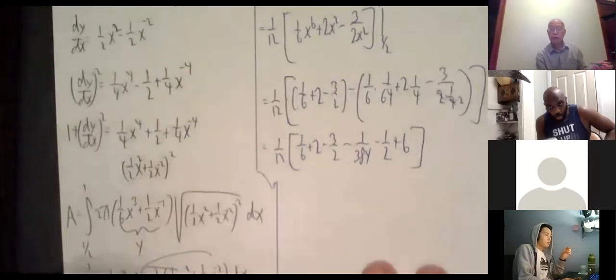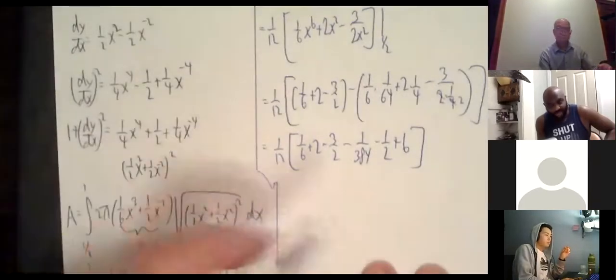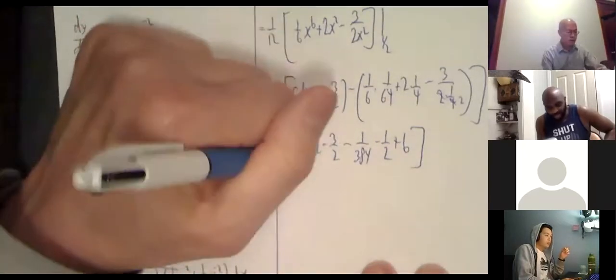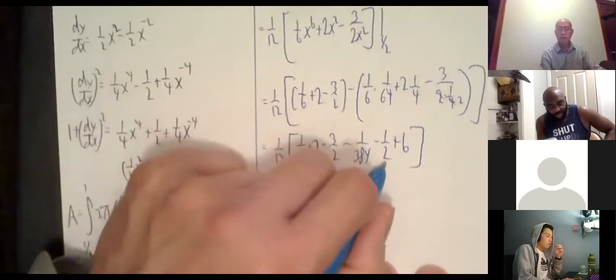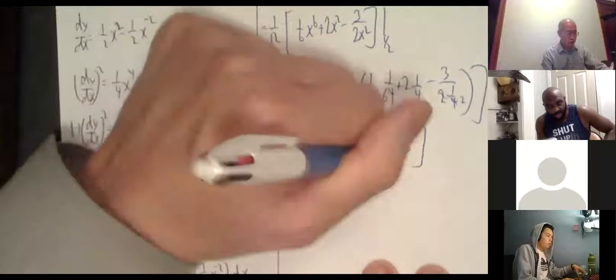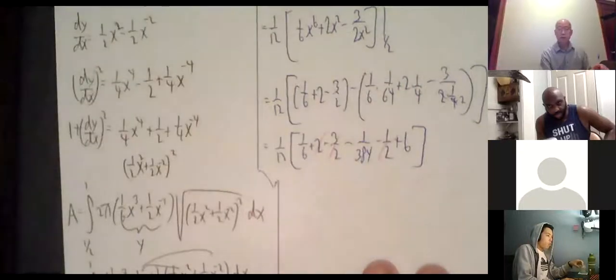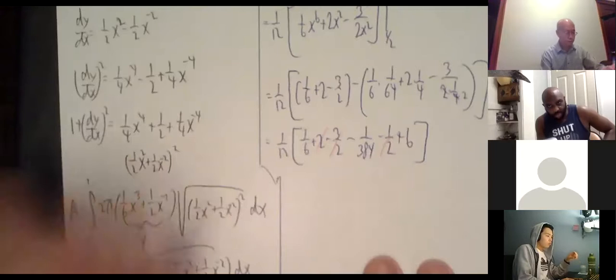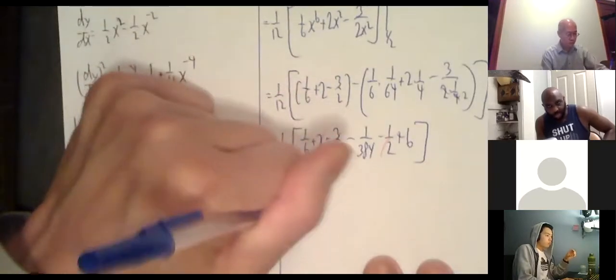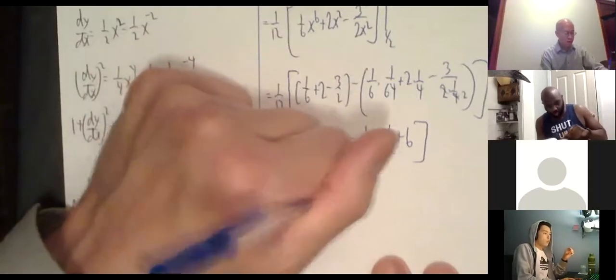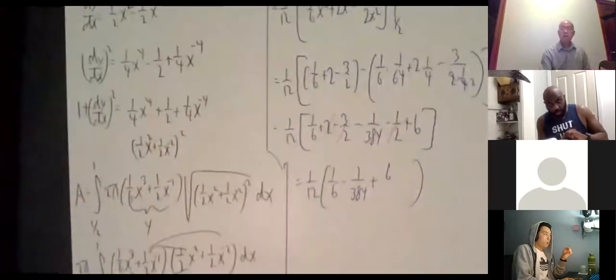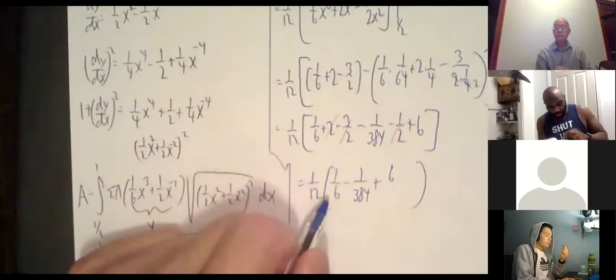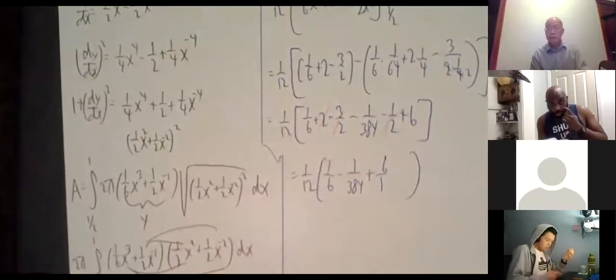Okay, how much more do I want to go here? 2 minus 1.5 is 1/2. Minus 1/2 is 0. Cancel, cancel, cancel. Unless I made a mistake there. So 1/6 minus 1 over 384 plus 6. Oh boy.